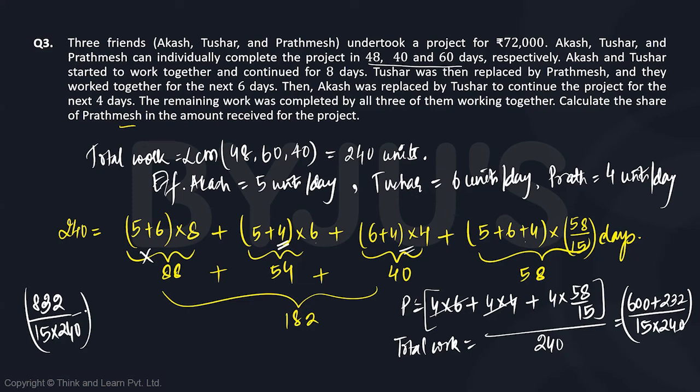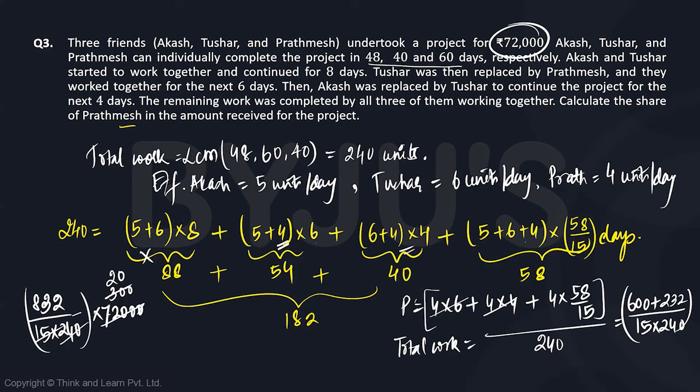So the total amount of money he will get will be in the same ratio. All we need to do is multiply it with the total money that they were supposed to get. This is going to be 240 into 3, so this is 300 times 15 into 20 is what we will have.